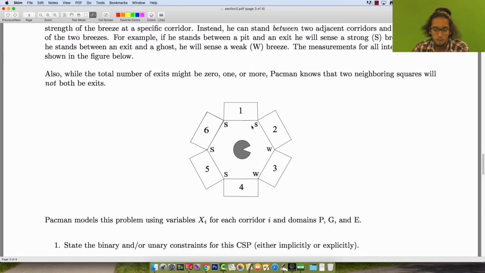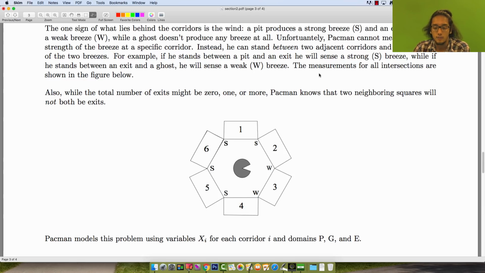And you get to measure the breeze at the intersections between these doors, and the breeze which you see is the max of the breezes which are blowing in the adjacent doors. So for example, if you have two pits side by side, then you'll be getting a strong breeze between them. If you have one pit on one side and you have an exit on the other, it'll still be strong. If you have an exit and a ghost, it'll be weak.